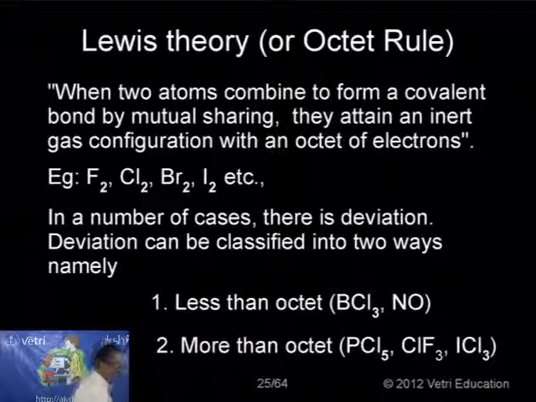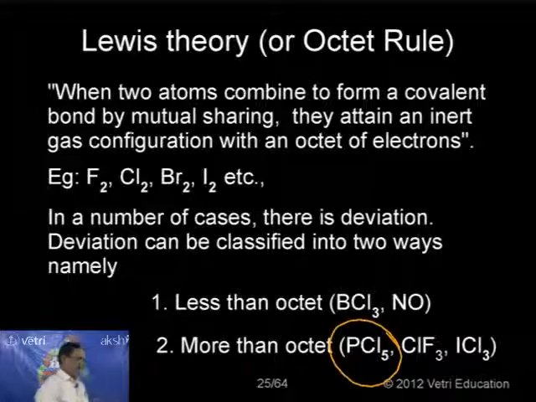Another interesting example I will explain is PCl5. It is more than octet. Let me take phosphorus, coming under the nitrogen family. Again 5 electrons in the outermost shell, corresponding to 3s2 3p3. So 5 electrons. For chlorine, as you know, 7 electrons.